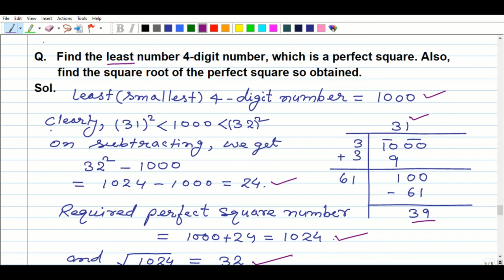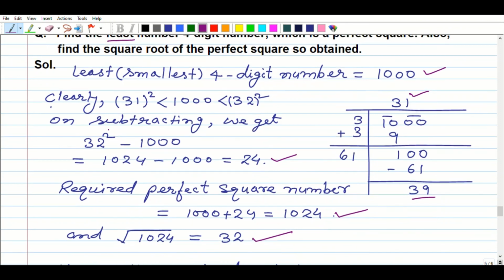Right? Above, in the greatest, we subtract the remainder, and here we subtract the number from the next square number, that is 32 square. It is the main point here to carefully listen and understand. Right?